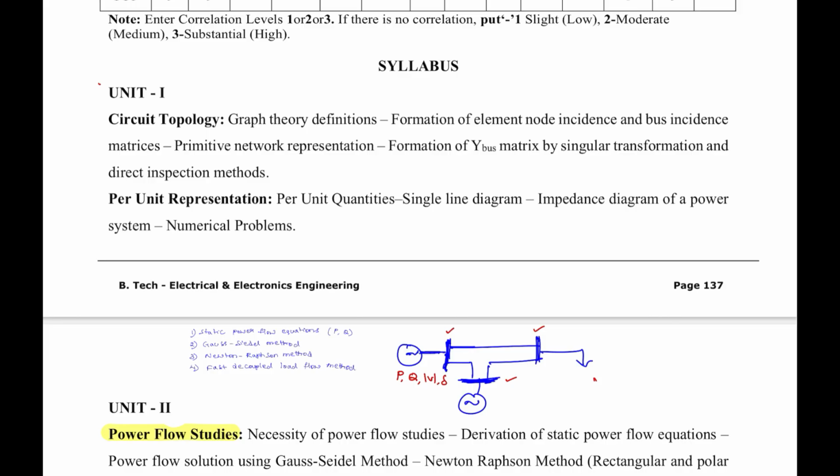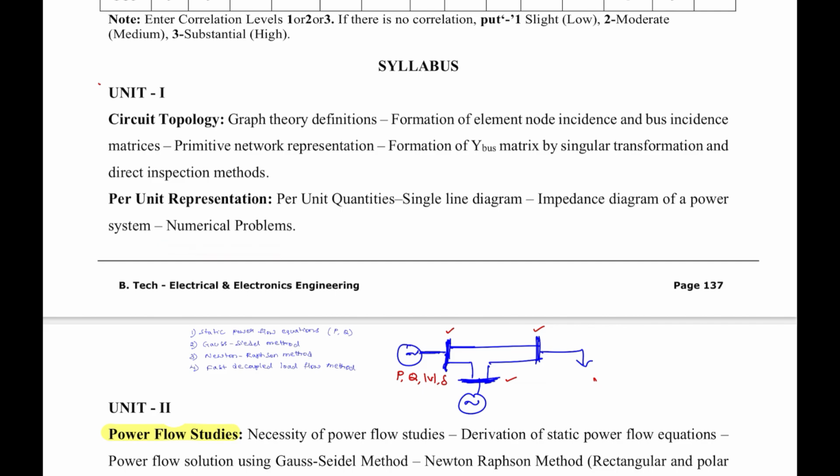In this Unit 1, we're going to study the per unit representation first, and after that we're going to study the circuit topology. In the per unit system, we're going to study per unit quantities, single line diagram, impedance diagram, sometimes referred to as the reactance diagram of the power system, and we will try to solve some numerical problems.